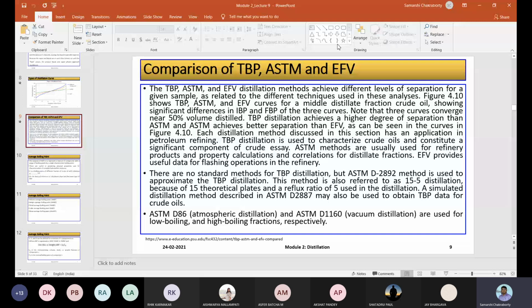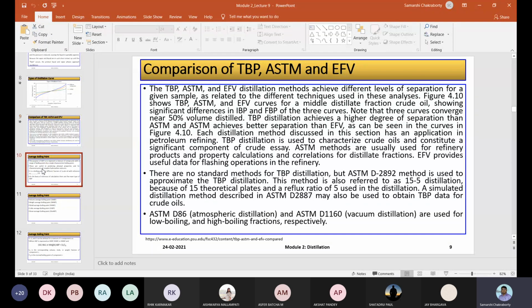Now whenever we deal with any crude oil product, since crude oil is a mixture of a lot of hydrocarbons with different carbon numbers, molecular weights, densities and viscosities, we need to characterize it based on its properties.